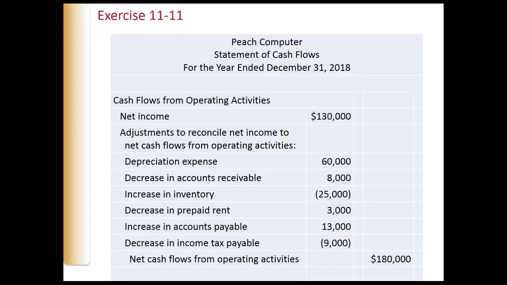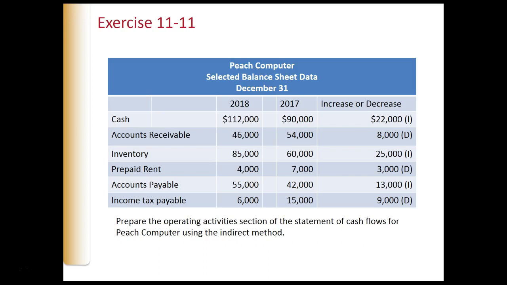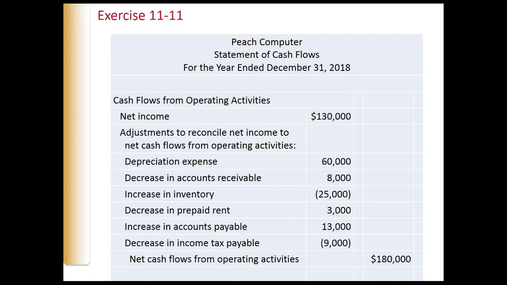So the increase in inventory gets subtracted. The decrease in accounts receivable gets added. You also see a decrease in prepaid rent. It went from $7,000 to $4,000. So that will be added as shown here, decrease in prepaid rent.